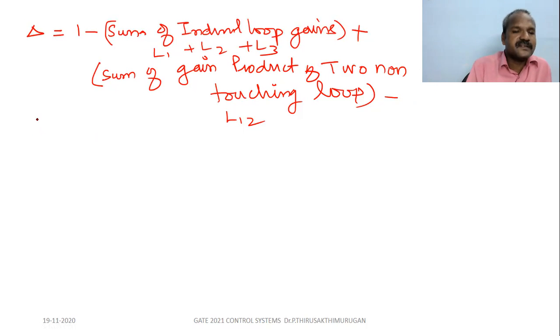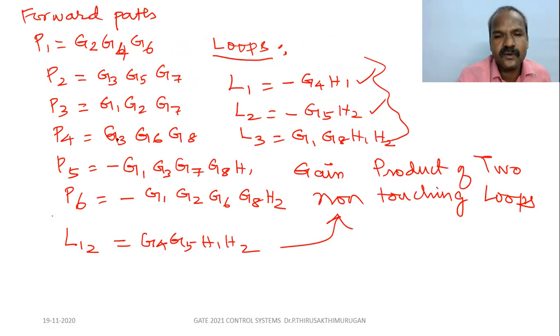So what is delta? Delta equal to 1 minus, what is the sum of individual loops?